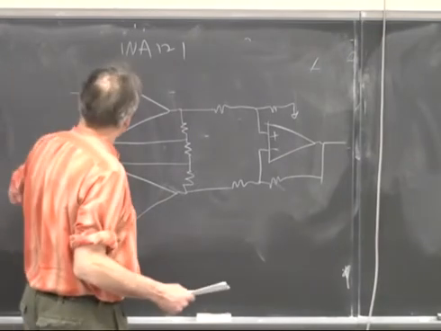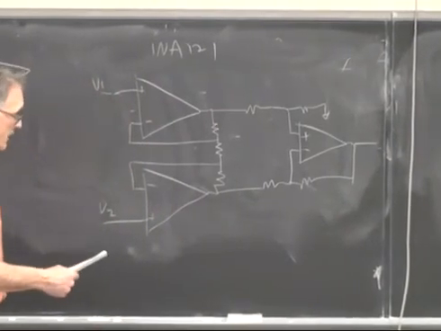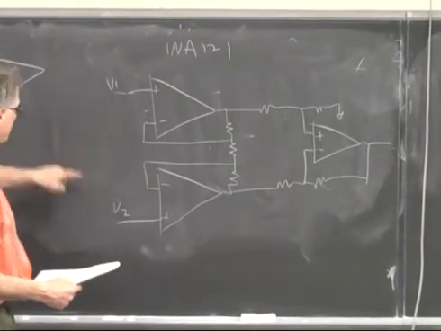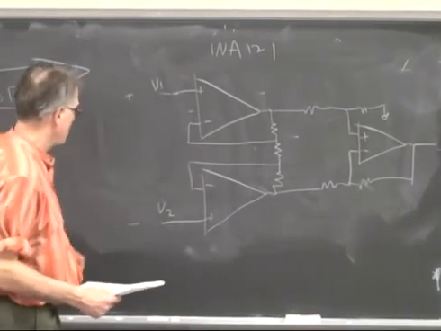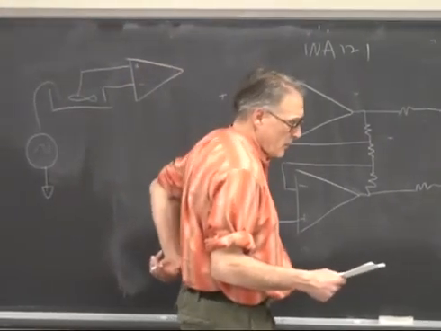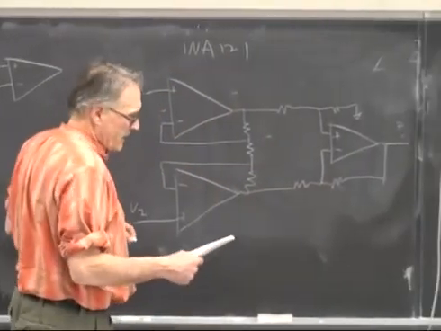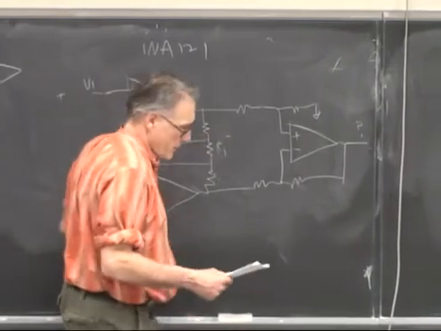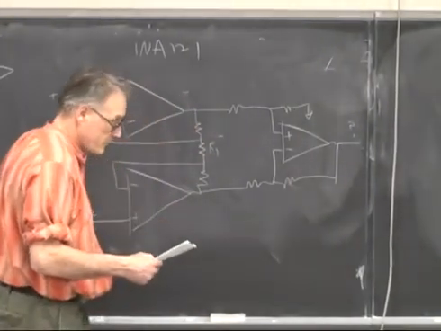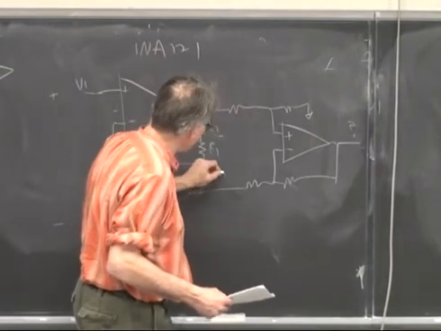And so if we have V1 here and V2 here representing the positive input and the negative input, we would like to know what kind of voltage comes out of here. To analyze this, we're going to call this R1, this R21, and this R22.